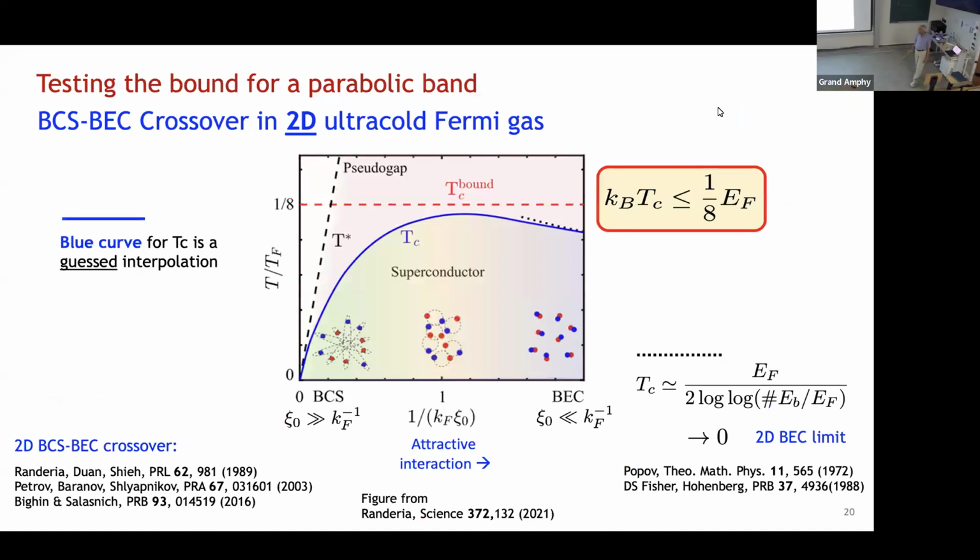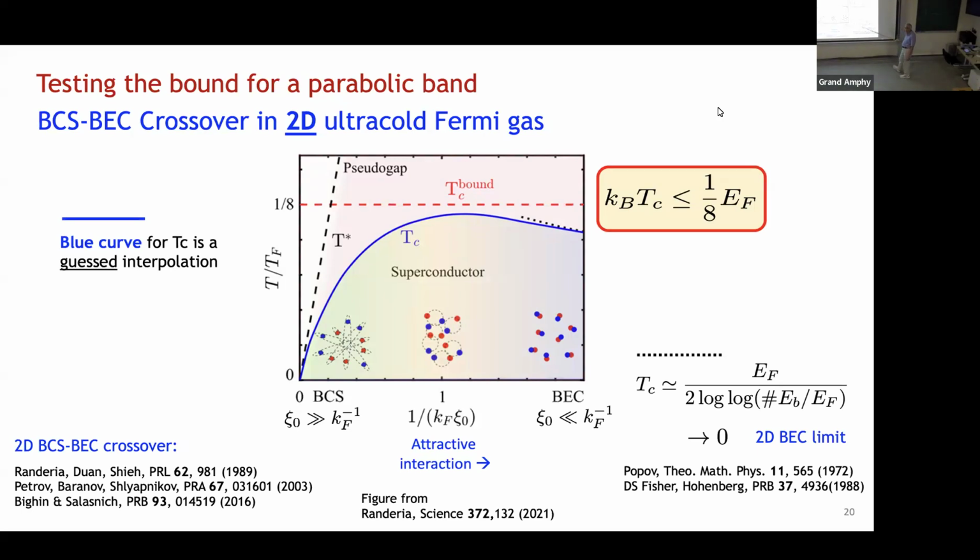So if you apply the story to 2D ultra-cold atoms, this is what you get. This is the BCS answer. Of course, in the weak coupling limit it is TC, but otherwise it's just some scale at which pairs form. But this is the BEC limit answer. This of course came from a Russian.